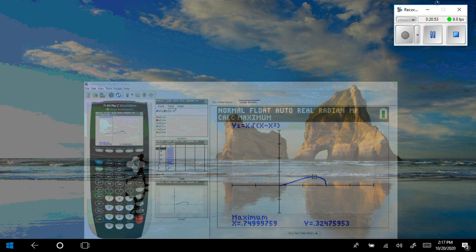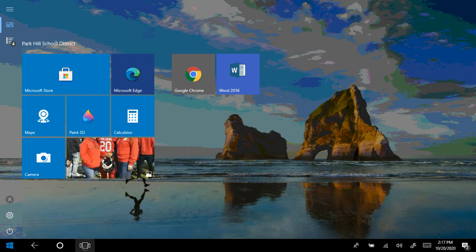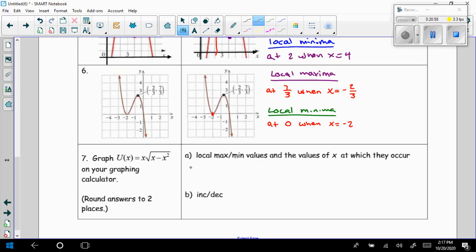So we can say, oops, the max is at 0.32 when X equals 0.75. The min, there is none. It is increasing from 0 to 0.32.